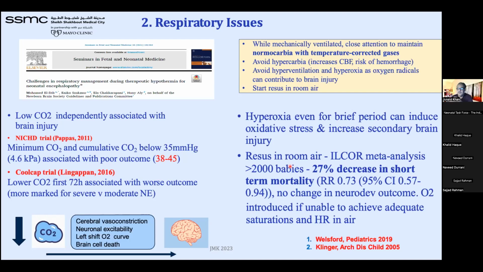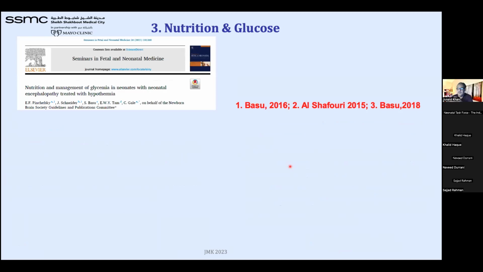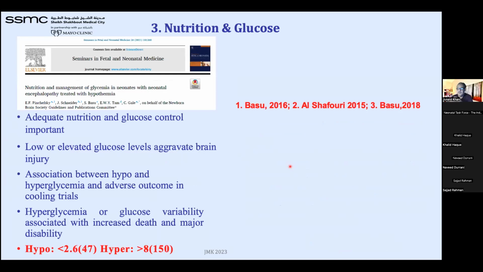Glucose level: adequate nutrition and glucose control is important. Elevated or low glucose aggravates brain injury. By low glucose we mean less than 2.6 millimole, which is around 47 milligram per deciliter.